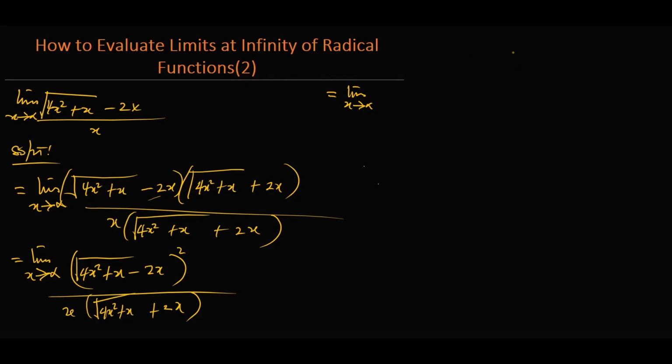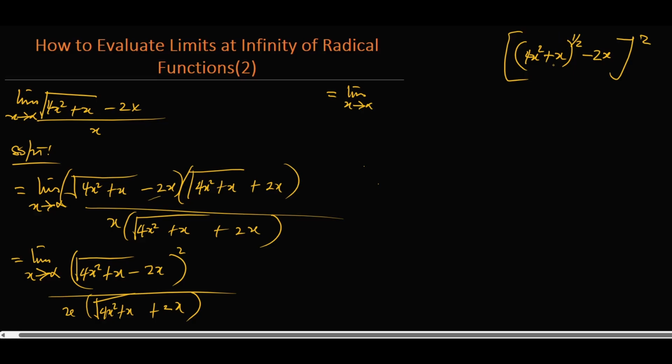The root of 4x squared plus x is the same as this term to the power of 1 over 2. So minus 2x, all squared.